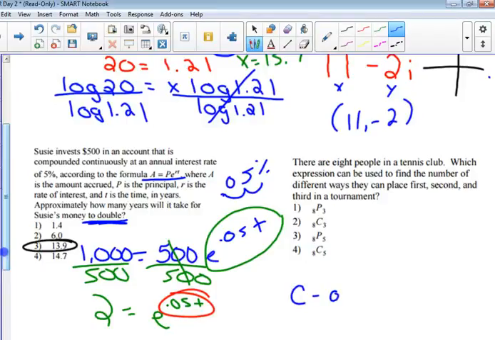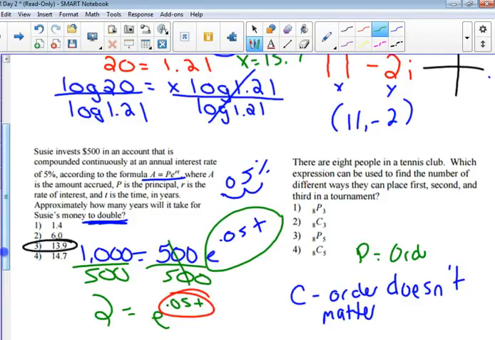No. So order doesn't matter. Right. If you guys are just choosing things, you're all going to go to the same group, no one's getting anything special, it's random, you're using a C. Now with a P though, yeah, order is important.